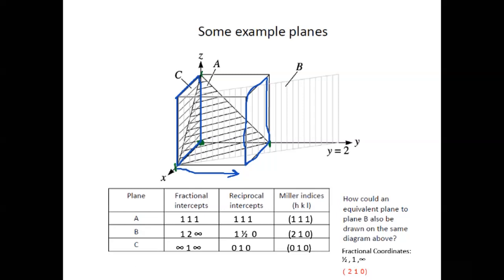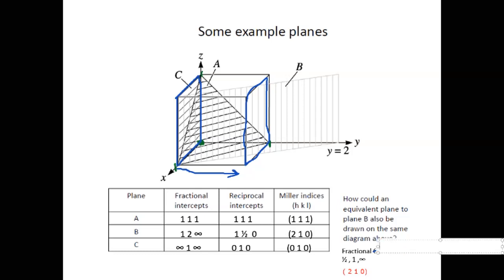So the 1/2, 1, infinity fractional intercepts, not coordinates, intercepts, are equivalent to the fractional intercepts 1, 2, infinity. Whether you use the fractional intercepts 1/2, 1, infinity, or 1, 2, infinity, it's going to give you the same reflection plane.